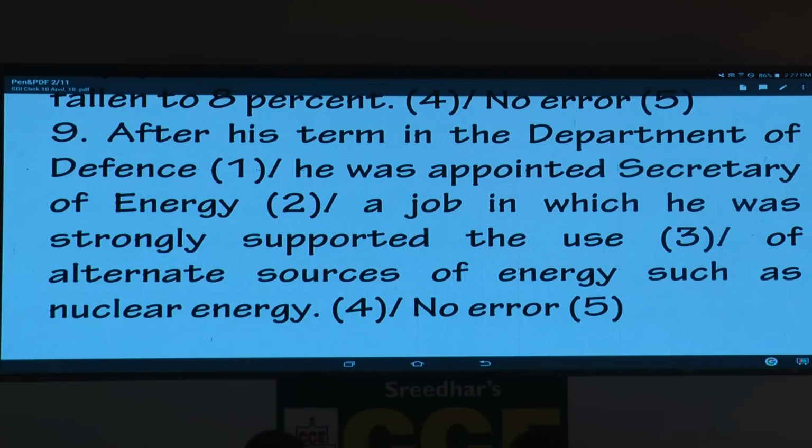He strongly supported. What does it mean? Was should not be there. He supported. How did he support? He strongly supported the use of what? There's one more error. Can you tell me what it is? Will you say alternate sources or alternative sources? So please correct it. Alternate is not correct. It should be alternative.